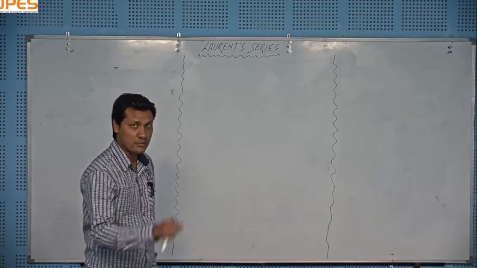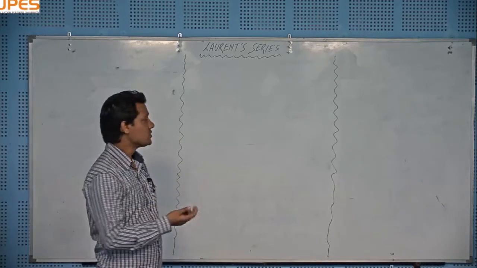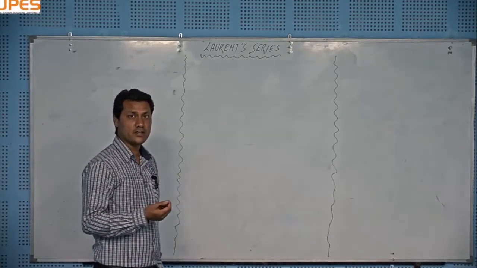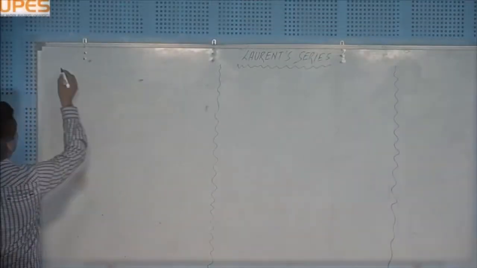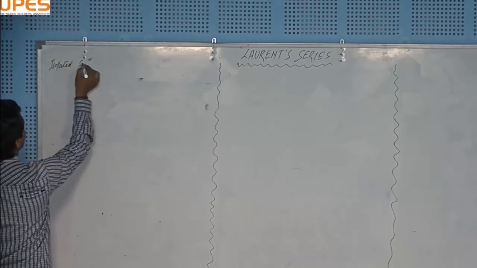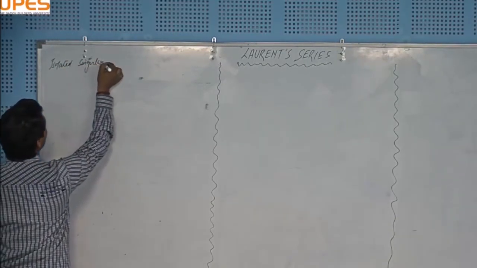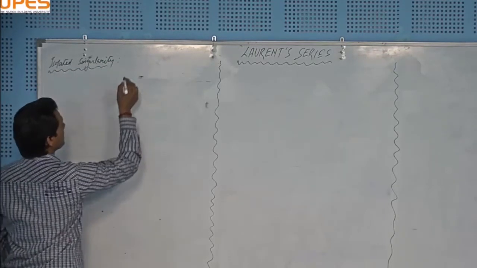So I will give two examples. One, a supporting example of isolated singularity, and the other is a non-example of isolated singularity, and we'll see that in two examples, right? So to understand what is an isolated singularity, rather than giving its definition, I would take a simpler example, right?